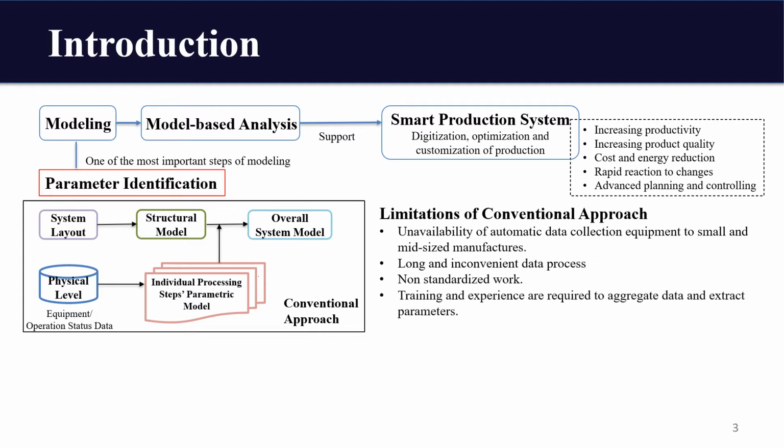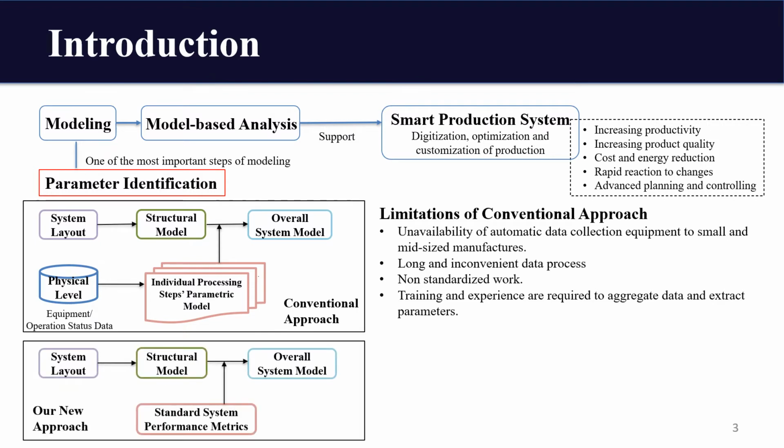Finally, there is no standard rule or unique solution to aggregate data or extract the model parameters, so it requires a lot of modeling experience and training of modelers. Therefore, we want to develop a new approach to solve these limitations.